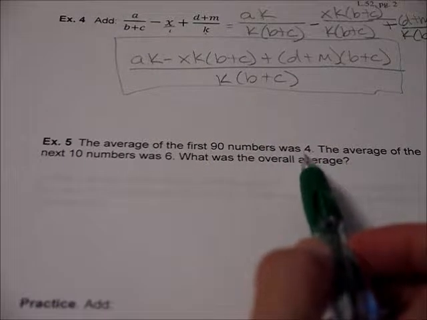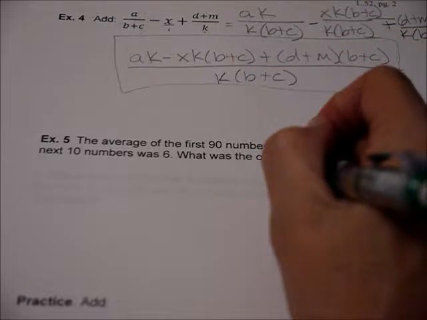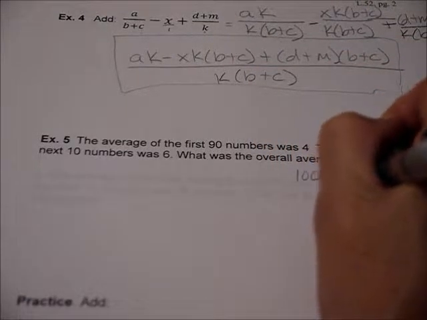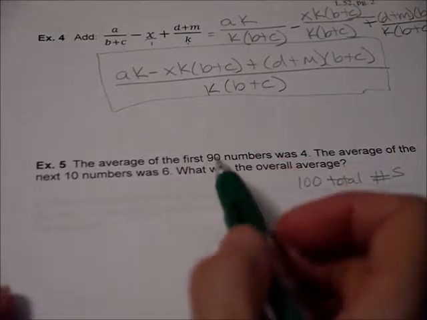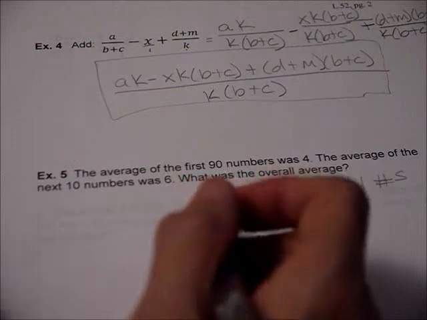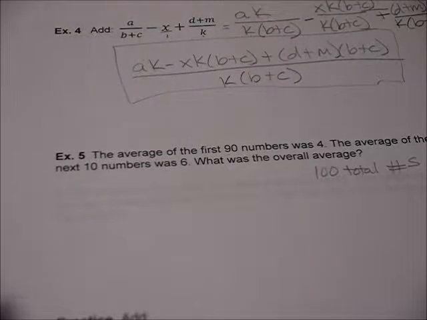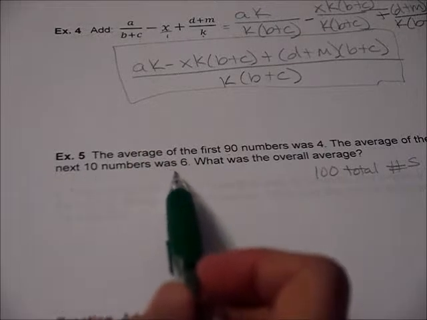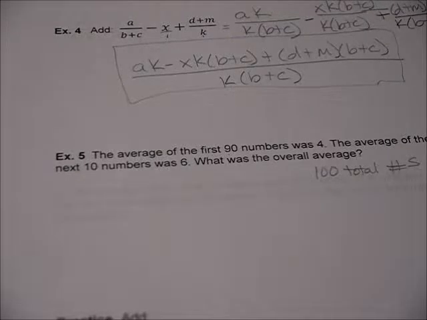We had 90 numbers that were 4, and 10 numbers that were 6. So how many? We have 100 total numbers, right? The first 90 were 4, and the last 10 were 6. So we could do 4 plus 4 plus 4 all the way up 90 times, plus 6 plus 6 plus 6 ten times, and divide that by 100.